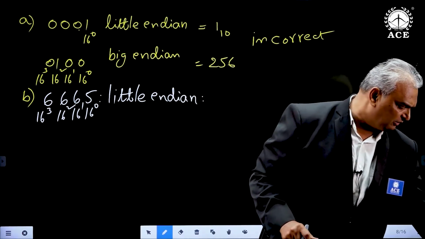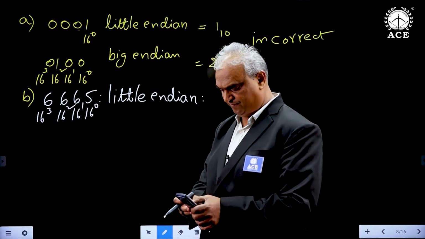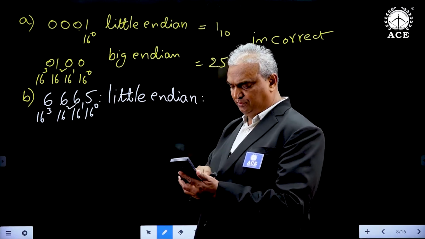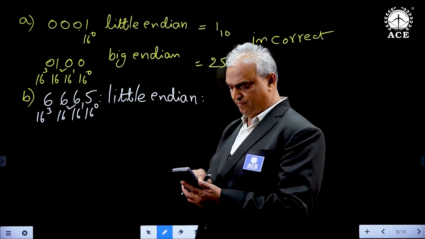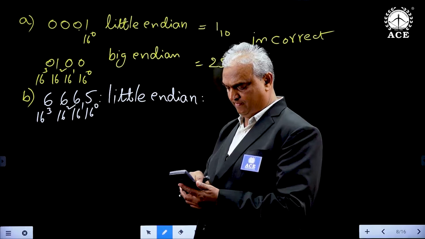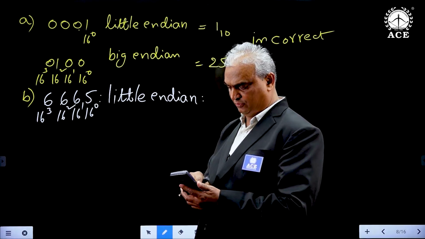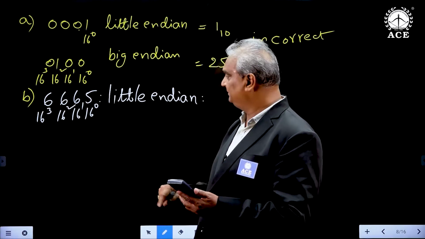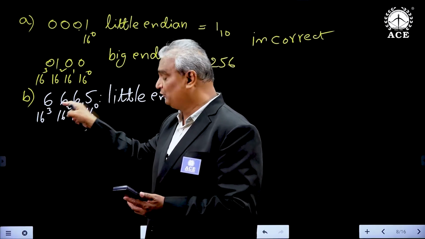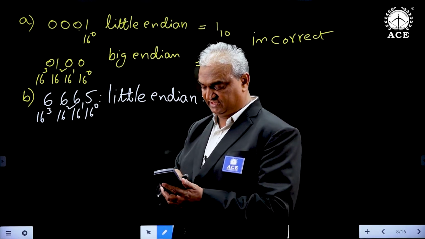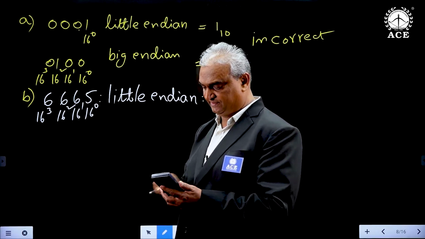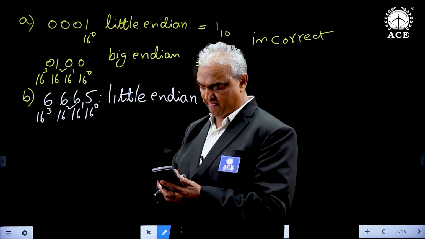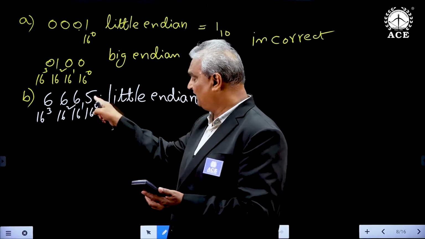Take calculator help. 16 cube into 6 plus 16 square into 6. 16 square means 256 into 6 plus 16 into 6, 96, plus 5.